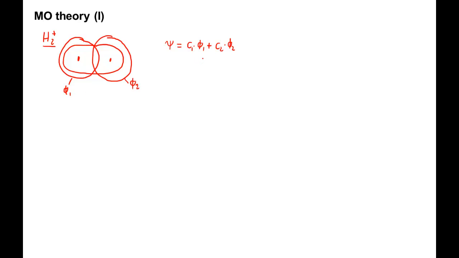These functions are called atomic orbitals, or simply AOs. We could use the solutions for the hydrogen atoms as a start. However, we could use other basis functions as well.